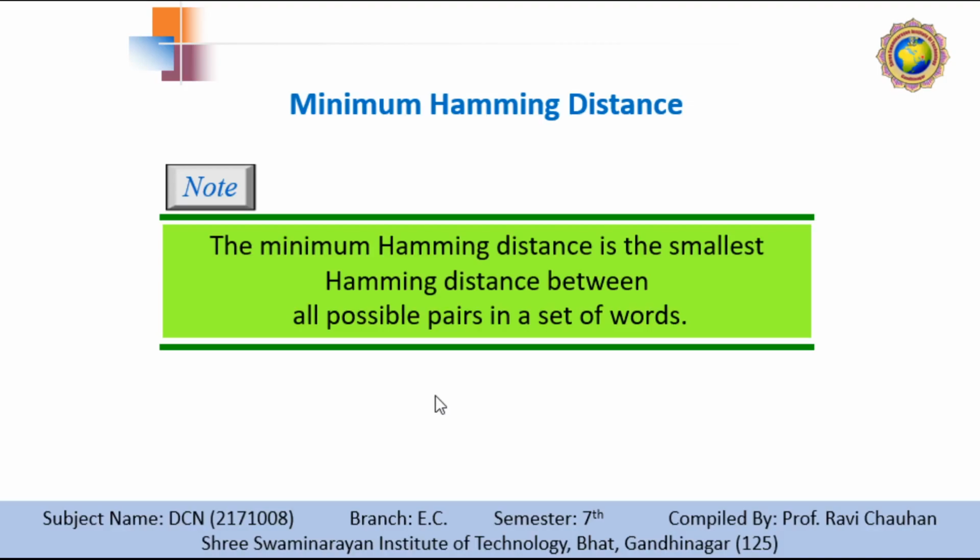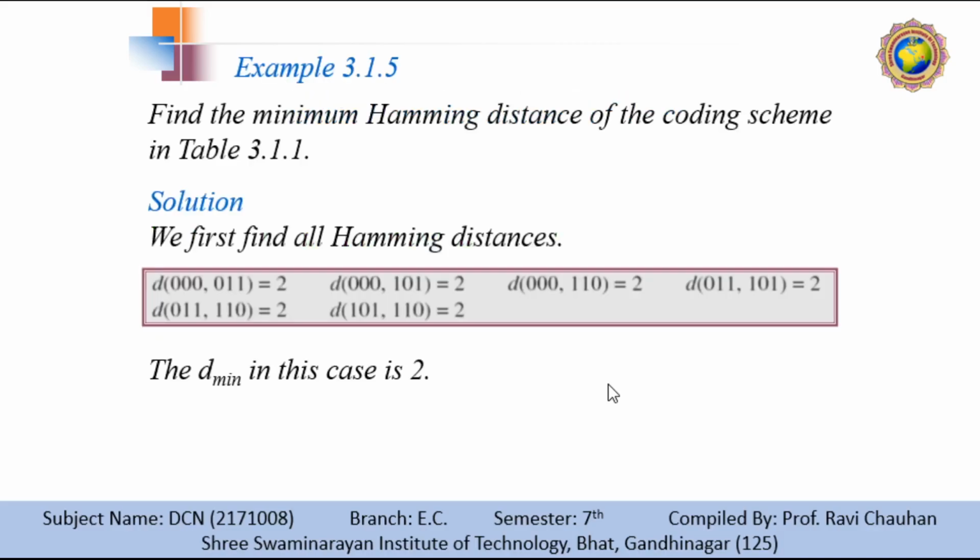We use d minimum to define the minimum Hamming distance in a coding scheme. To find this value, we find the Hamming distance between all words and select the smallest one. To understand it, let's have an example.